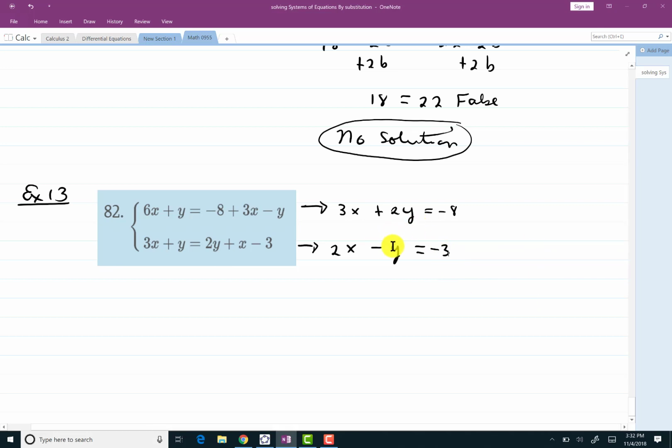In the second equation, y is practically alone. What I can do with this equation here is I can manipulate it by adding y and adding 3 and rewriting this equation as 2x plus 3 equals y. Now I'm going to go ahead and plug that into the first equation.